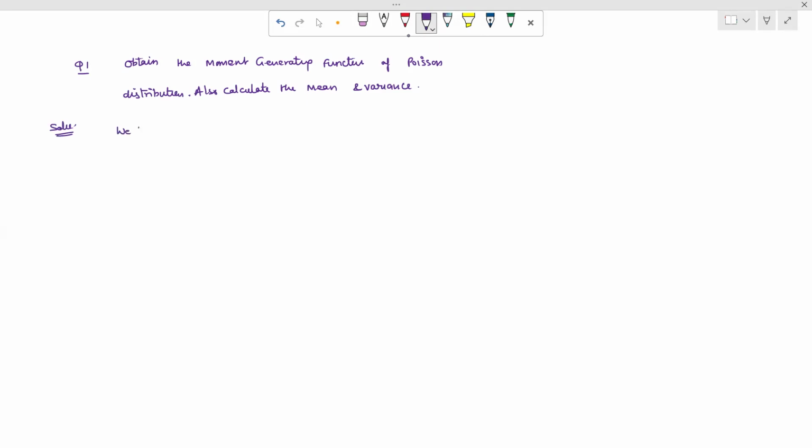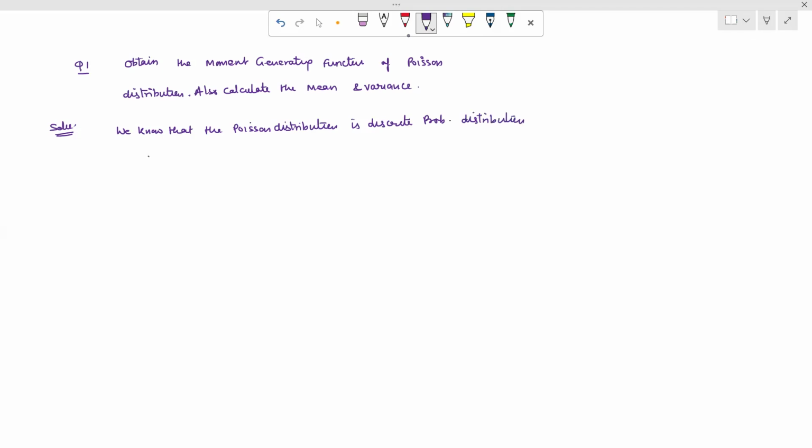So first we write down that we know that the Poisson distribution is a discrete probability distribution.